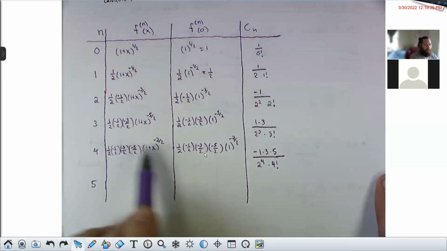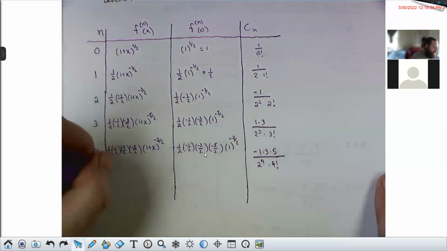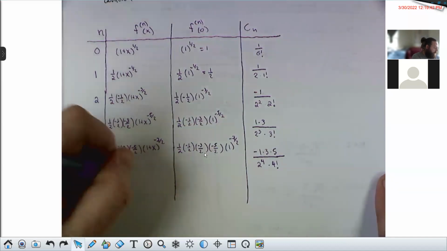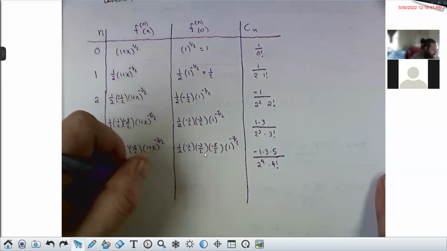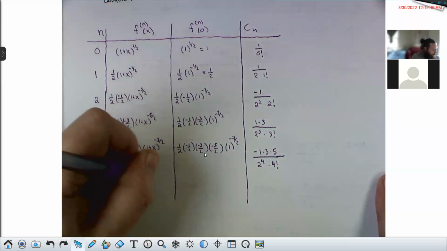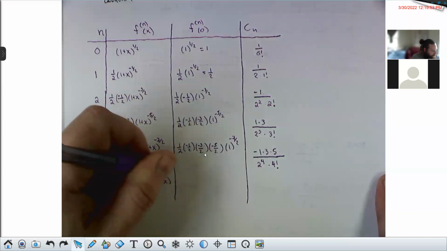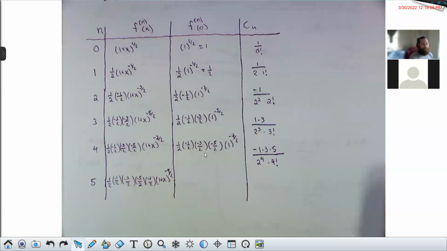If I differentiate this again, I get 1/2, negative 1/2, negative 3/2, negative 5/2, negative 7/2 times 1 plus x to the negative 9/2. When you plug in 0 for x, this whole piece becomes 1.